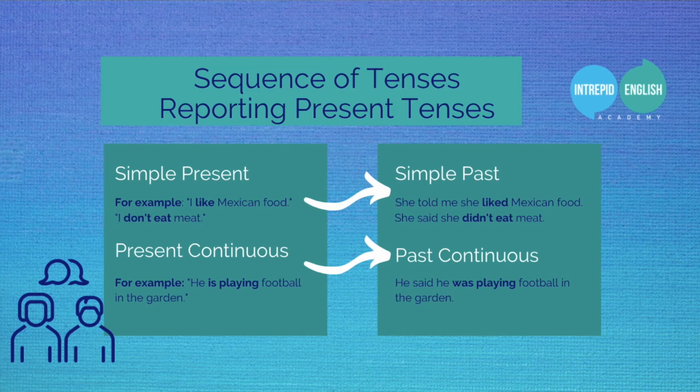Now that's a little bit difficult for some people to understand. So now that I've explained that exception, I'll move on, continuing to use the sequence of tenses because that's much easier for people to understand. And when you feel like you're comfortable using it in this way, then you can start to explore the exceptions. Okay.